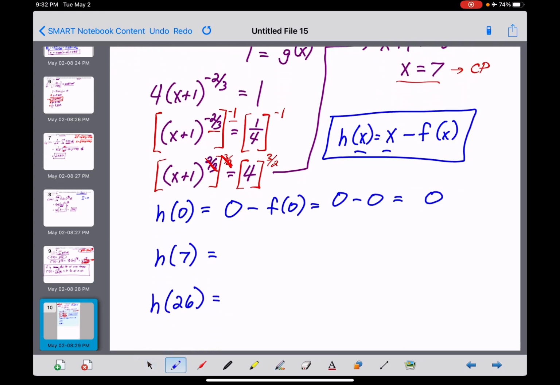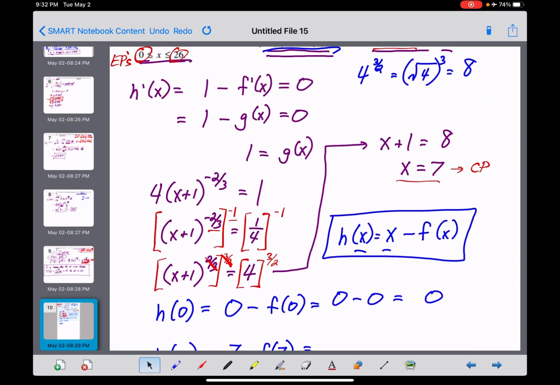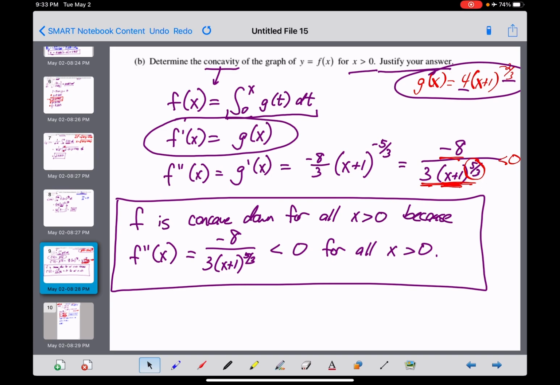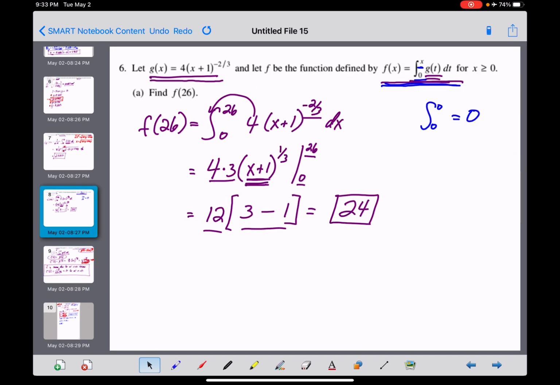Now life gets tougher. h of 7 is going to be 7 minus f of 7. And correct me if I'm wrong here, guys, I don't think we have found the value of f of 7 yet in this problem anywhere. We do know the value of f of 26. That's 24. That's going to come in handy on the third point that I need to check.